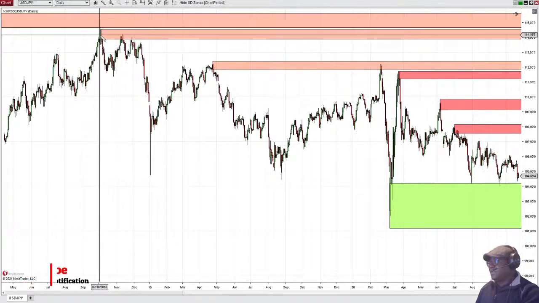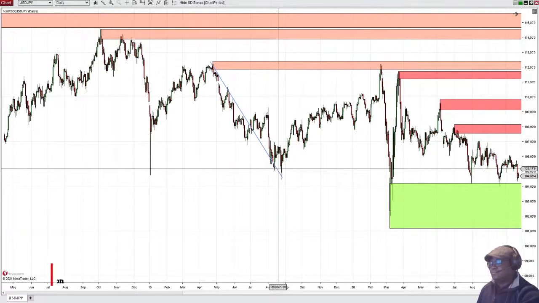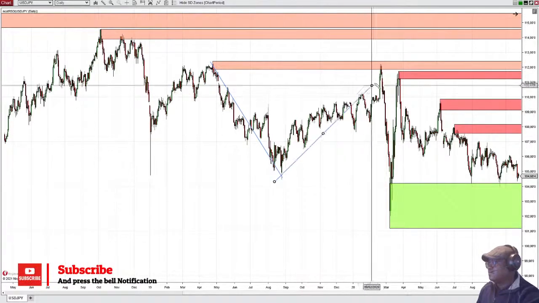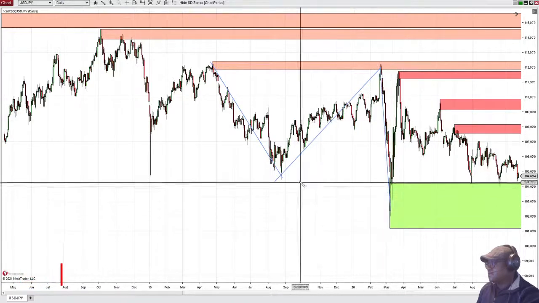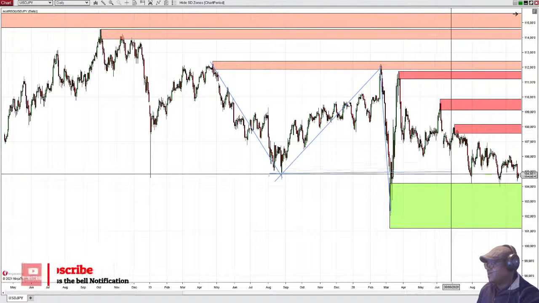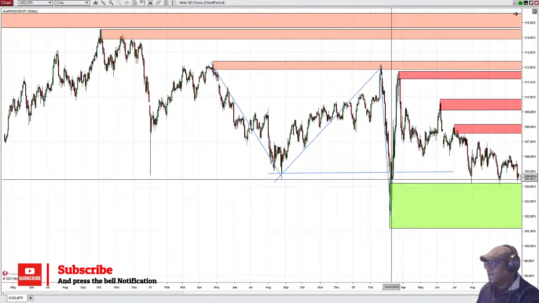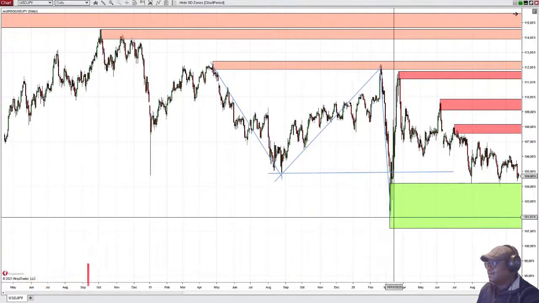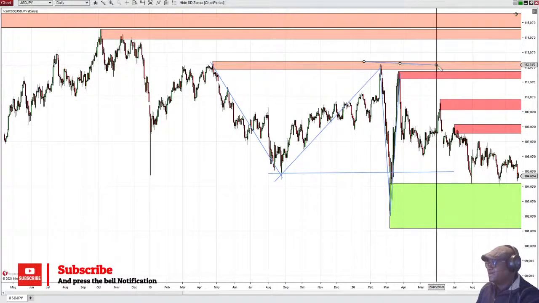Looking at it this way, see this low, they break it. That's the first sign that it's in a downtrend. And what happened from here? It pushed back up, but it did not break this.